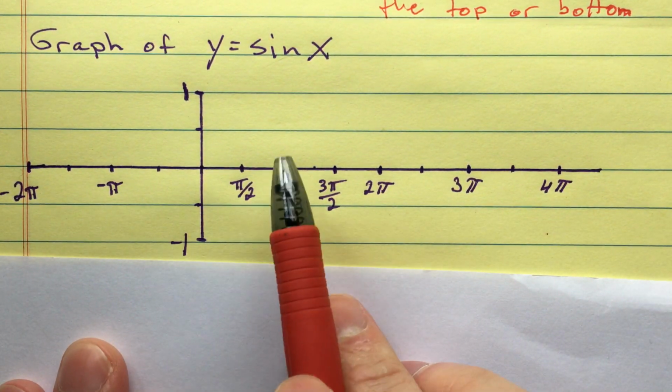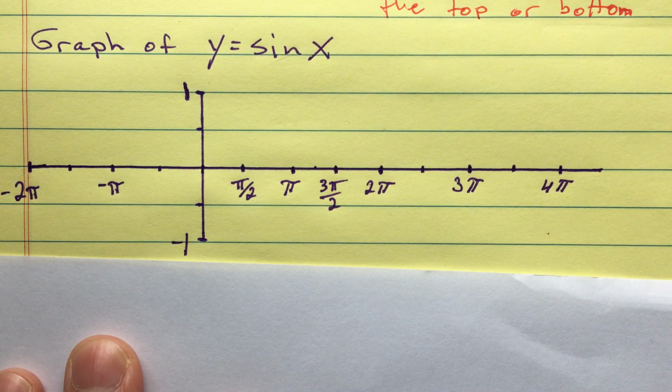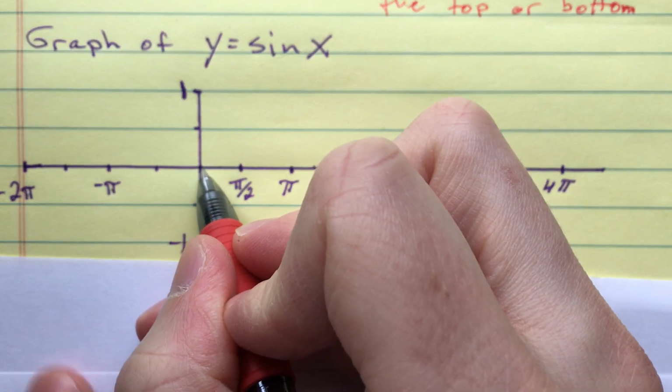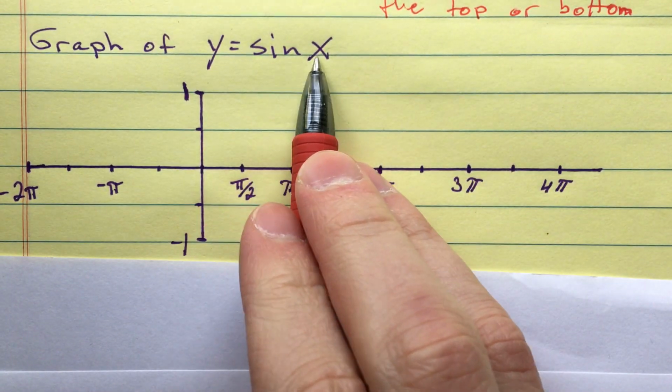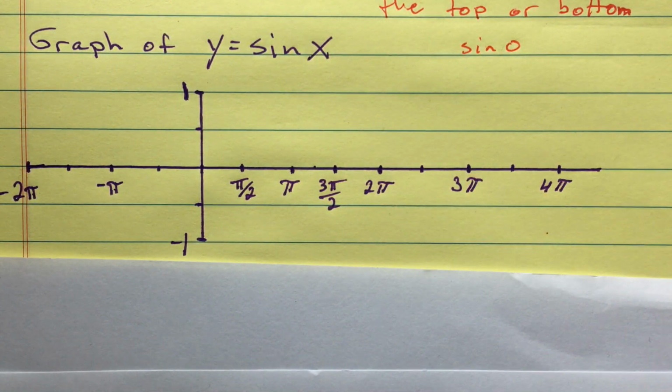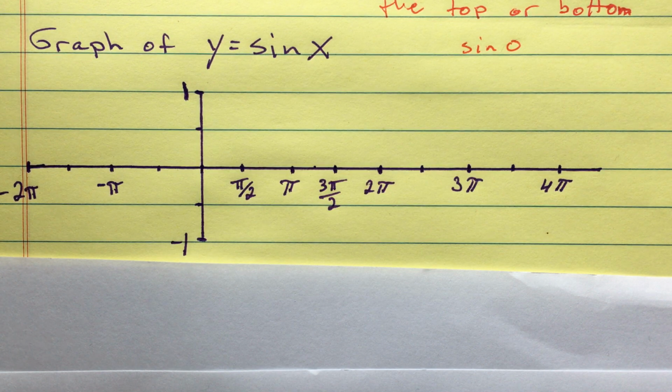So we're going to draw the graph of sine of x. And let me grab my unit circle here. So our first point we're going to graph is right here when x is 0. So we're finding sine of 0. We're going to use radians here. Sine of 0 radians.